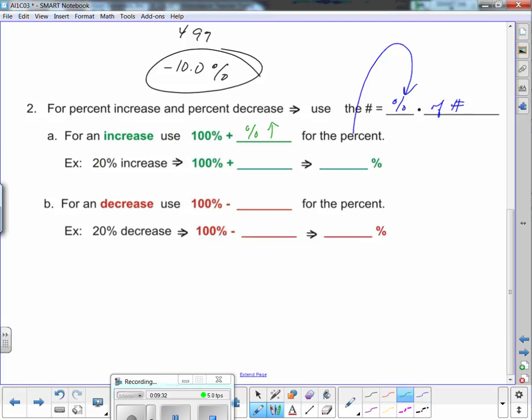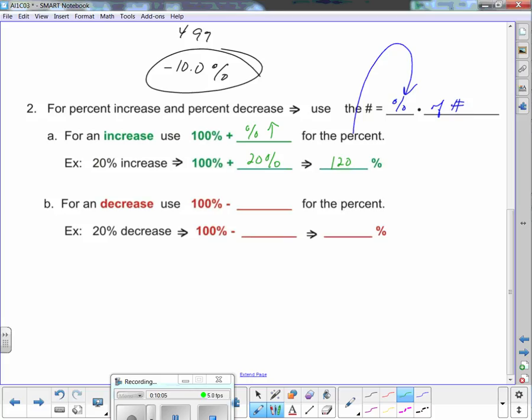So now you're doing 100% plus 20%. And therefore, in the percent, you're going to use 120%. So in the formula, how would you write 120%? Somebody raise their hand and tell me, how would you write 120% in the formula, John? 1.2, right, or 1.20. So remember, your percents are always in decimal form in the formulas.